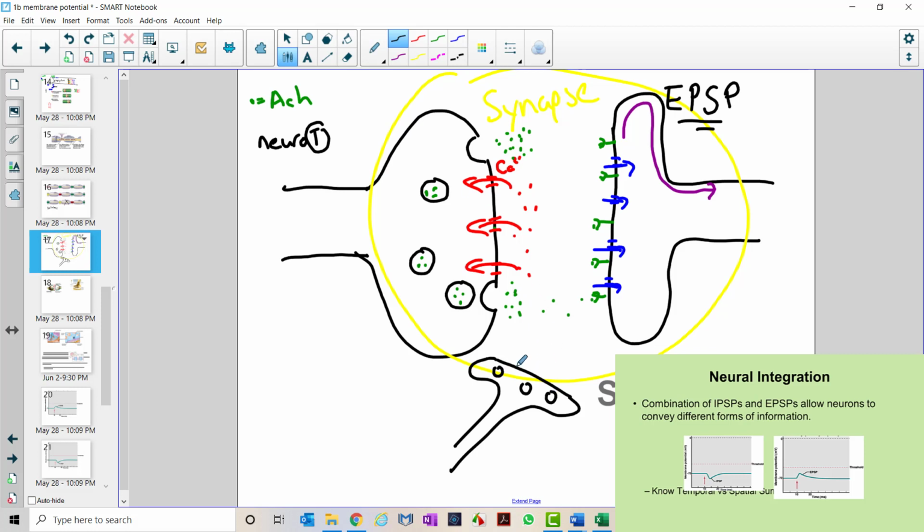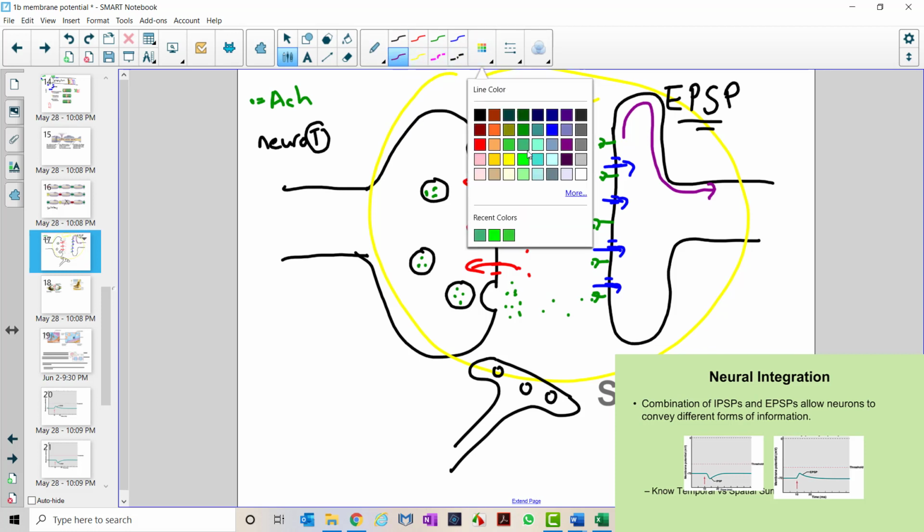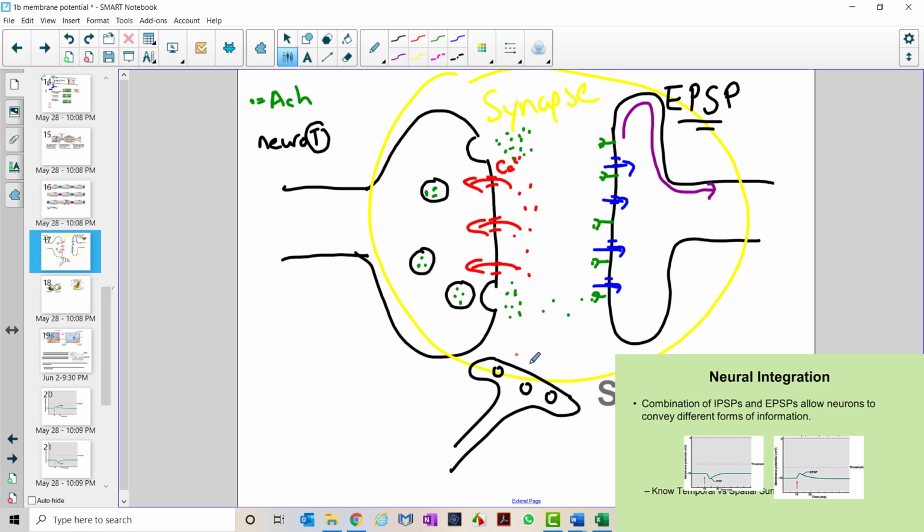And when this neurotransmitter gets released, I'll use a different color. What have I not used? Purple? I've used purple, brown, gray, yellow, orange. So let's say this orange comes in, and let's say this neurotransmitter binds to a different receptor.